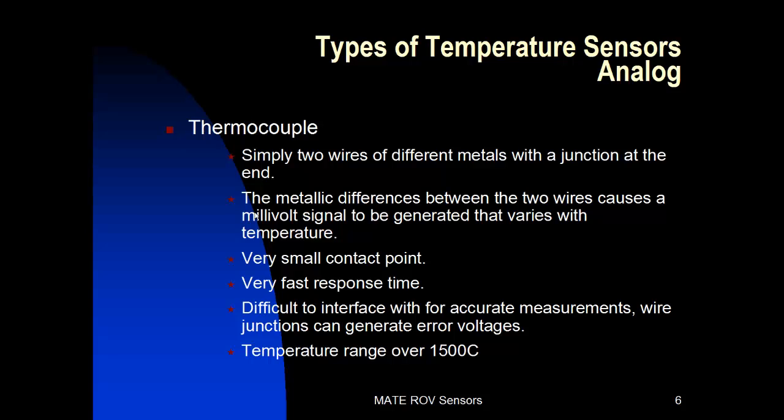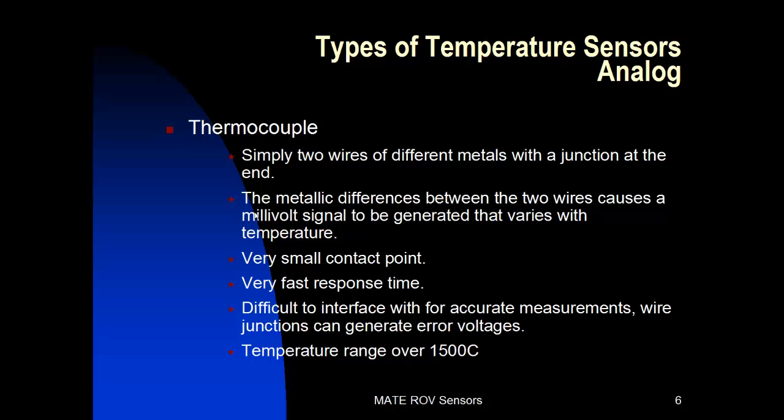The metallic differences between those two wires at the junction generate millivolts that are correlated to temperature. With thermocouples, you can get a very small contact point, and a very fast response time because of the limited thermal mass associated with the two wires connecting to your temperature point.